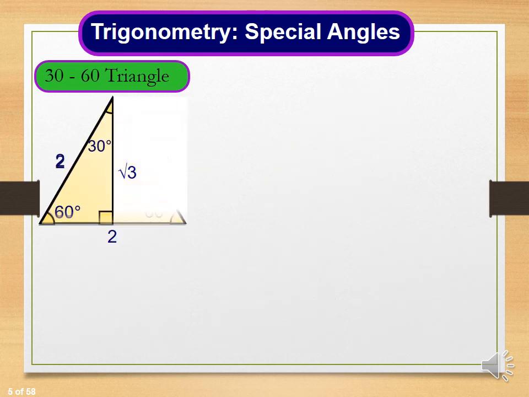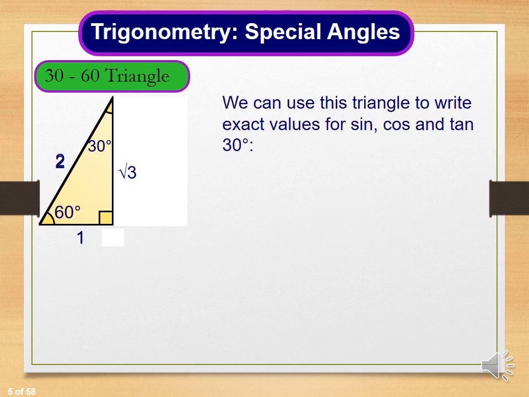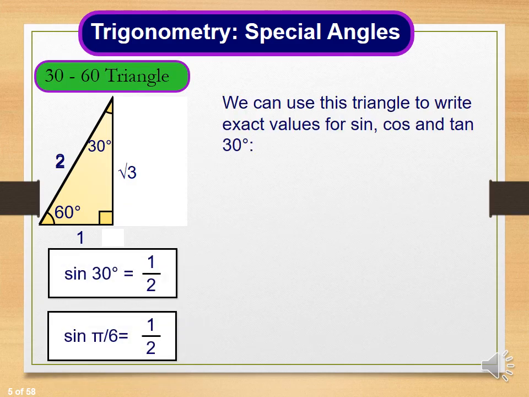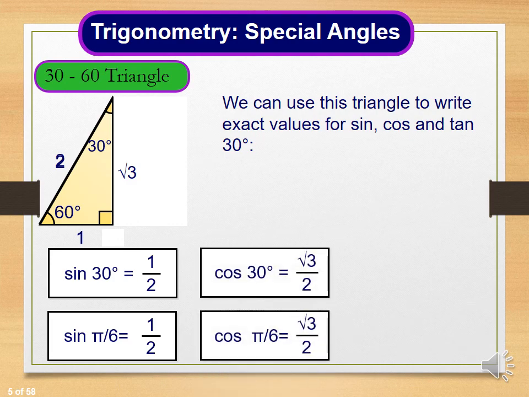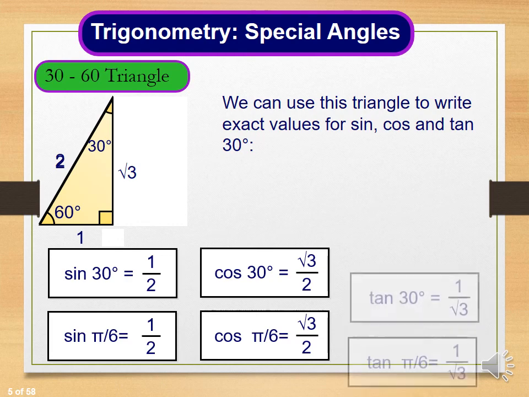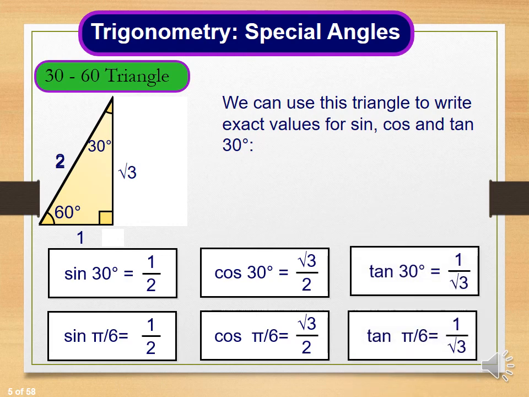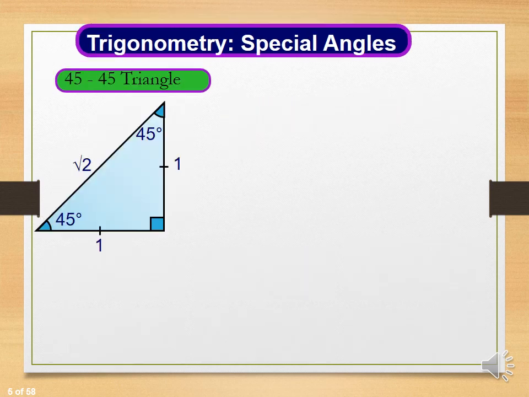For 30 degrees, sine 30 is 1 over 2, while cos 30 will be √3 over 2, and tan 30 equals 1 over √3. We need to keep these in mind as we have to know them off heart.